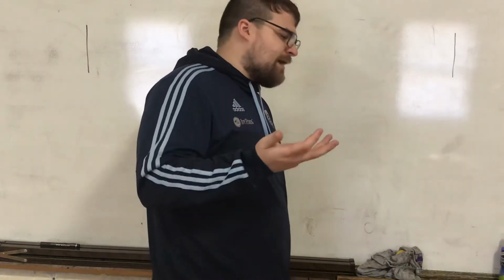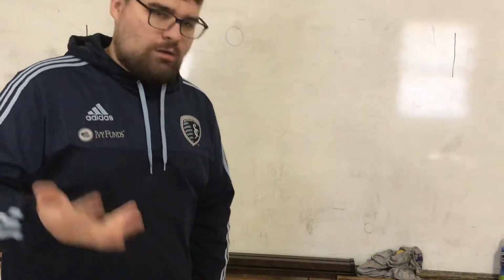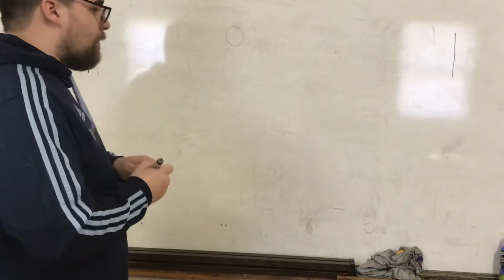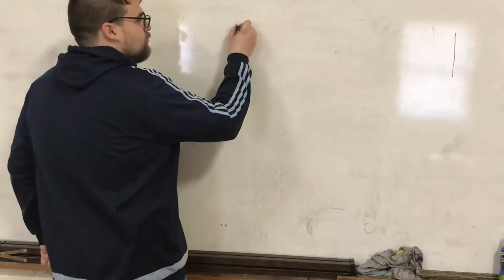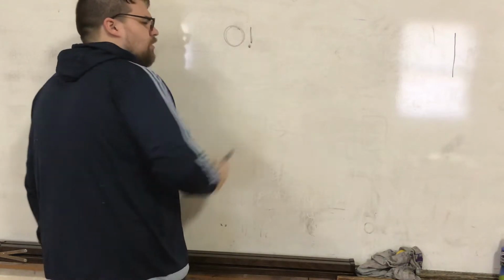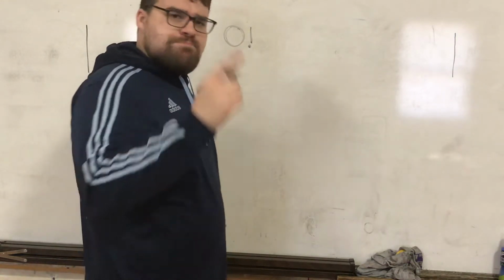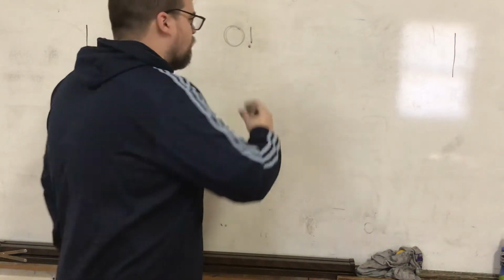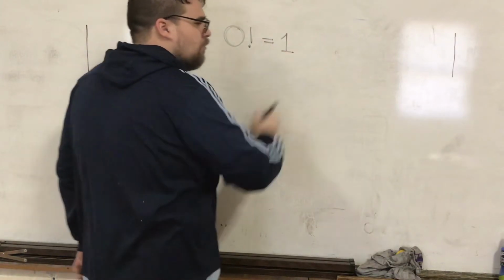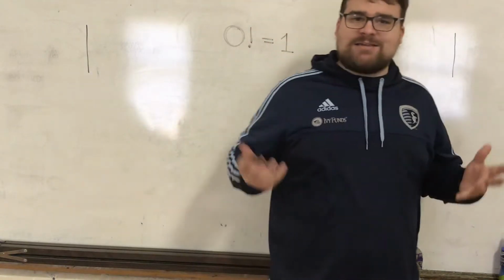It doesn't have any numbers smaller than it, all the way down to 1. Technically 1 is a bigger number than 0. So 0 factorial should be 0, or it shouldn't exist. But if you put it in your calculator, what did it tell you it was equal to? It said 1. What the heck is up with that?